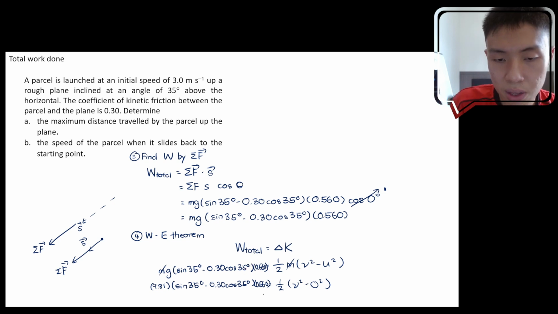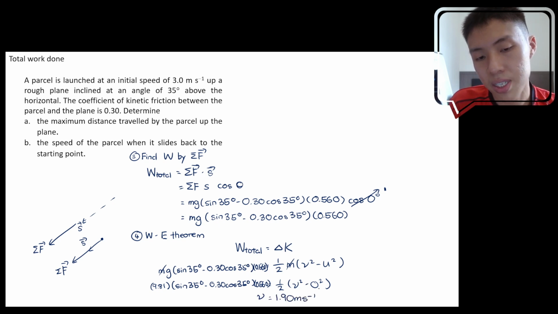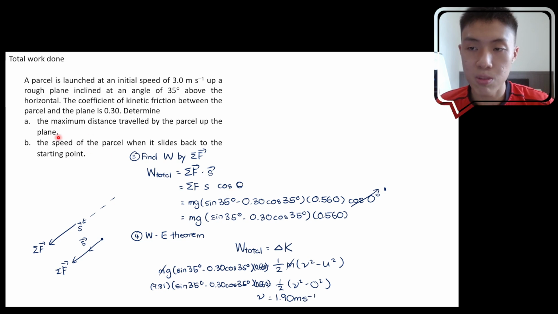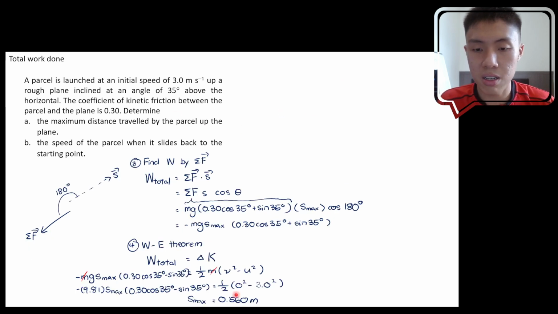So there's only one unknown left. You can find v, and if you key it into your calculator, you'll get the final speed to be 1.90 meter per second. And that is the speed of the parcel when it slides back to the initial point where we start. The distance that it travels is 0.560, which is the answer for situation A.